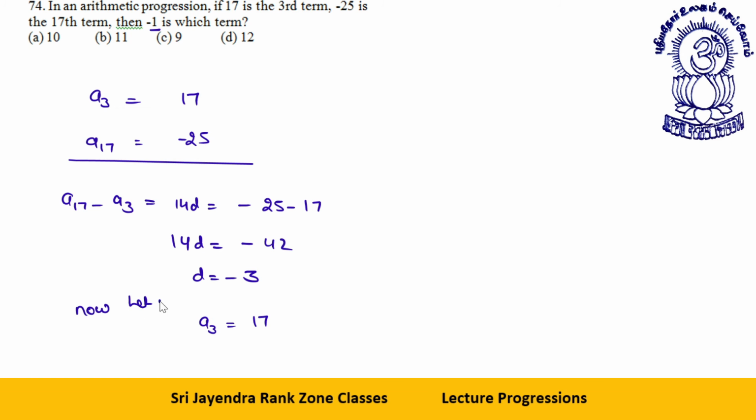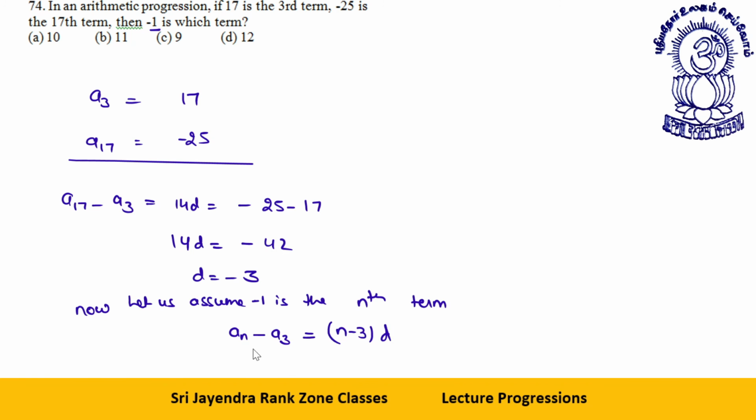Let's assume minus 1 is the nth term. So what will happen, dear students? An minus A3 will be equal to (n minus 3)D.